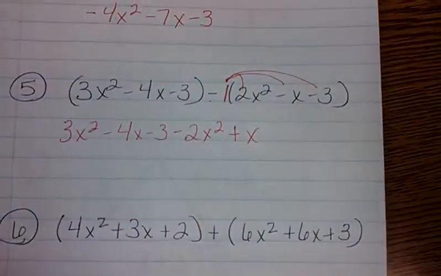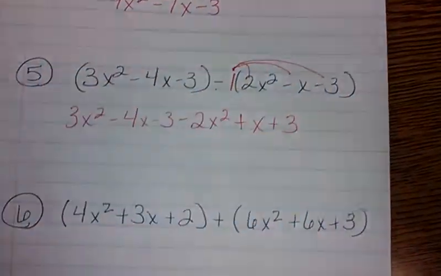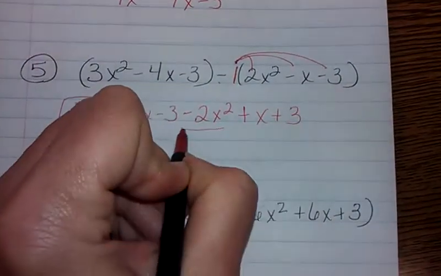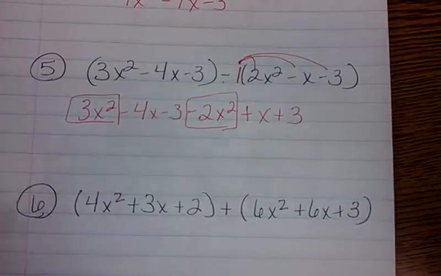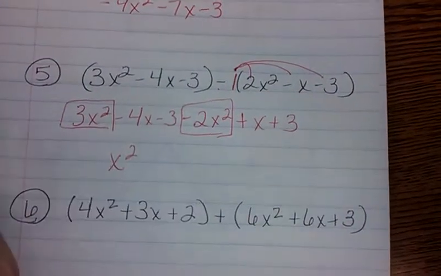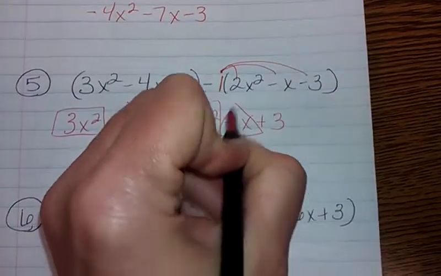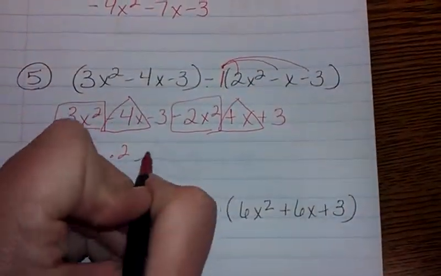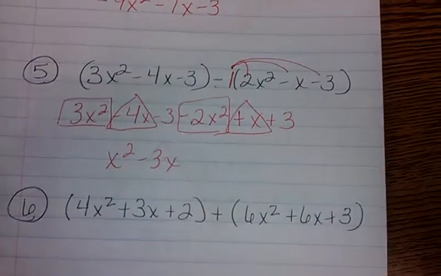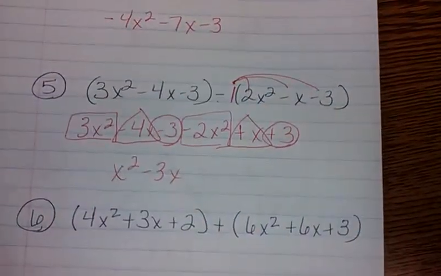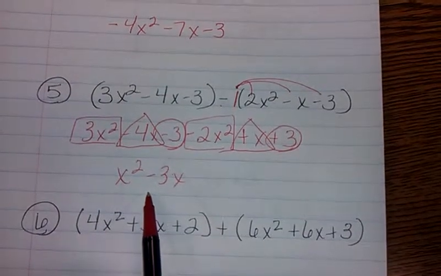Negative 1 times negative 3 is positive 3. Now I have 3x squared minus 2x squared. That is 1x squared. Negative 4x plus 1x, negative 3x. Negative 3 plus 3 is 0. This would be my final answer.